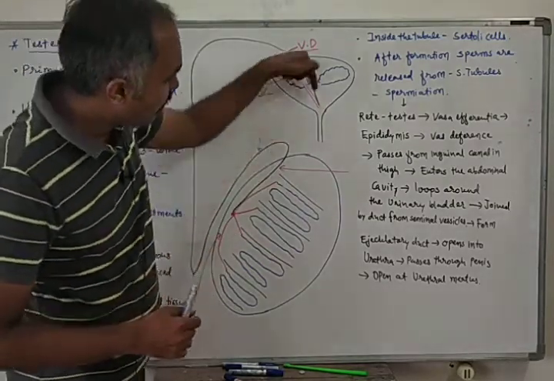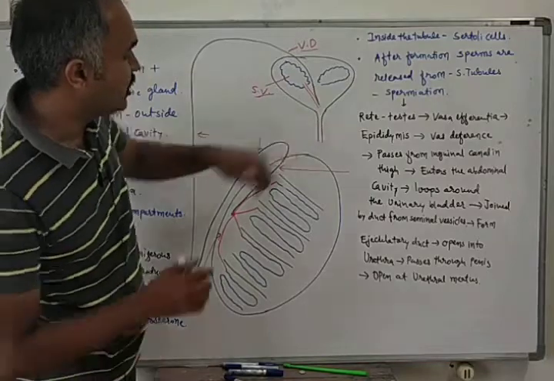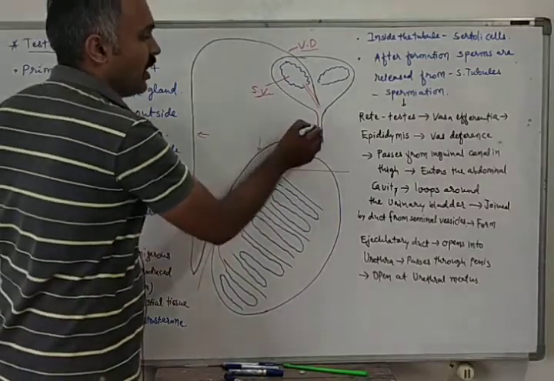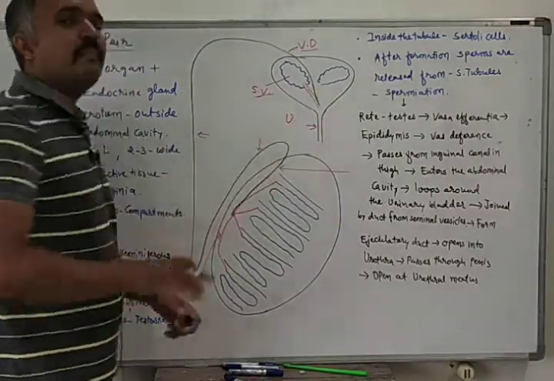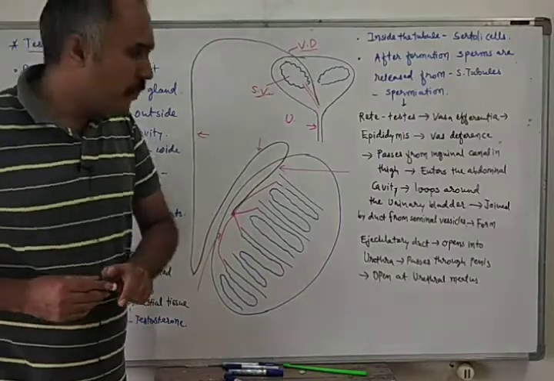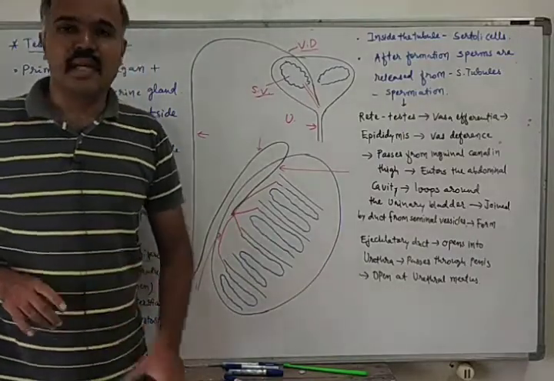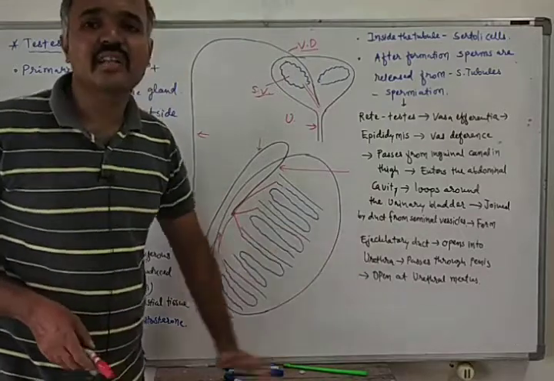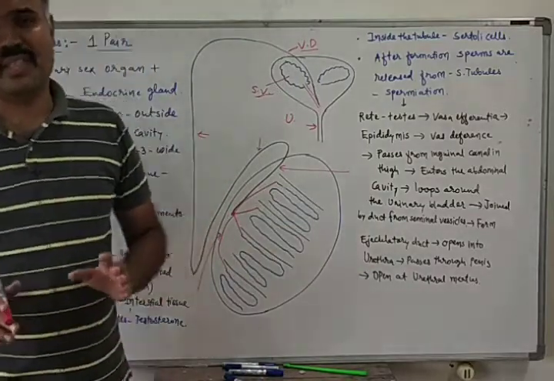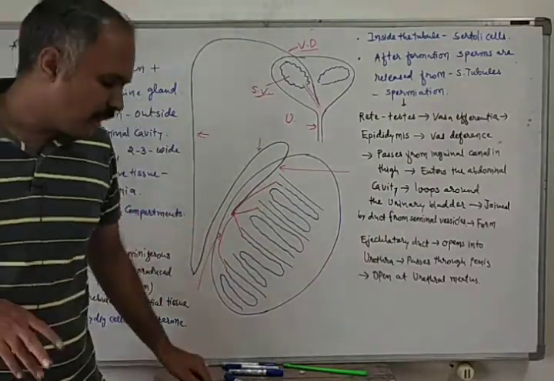And then this ejaculatory duct will open into the urethra. This is the urethra. The urethra passes down through the penis and opens into the urethral meatus. So these are known as accessory ducts of the male reproductive system.